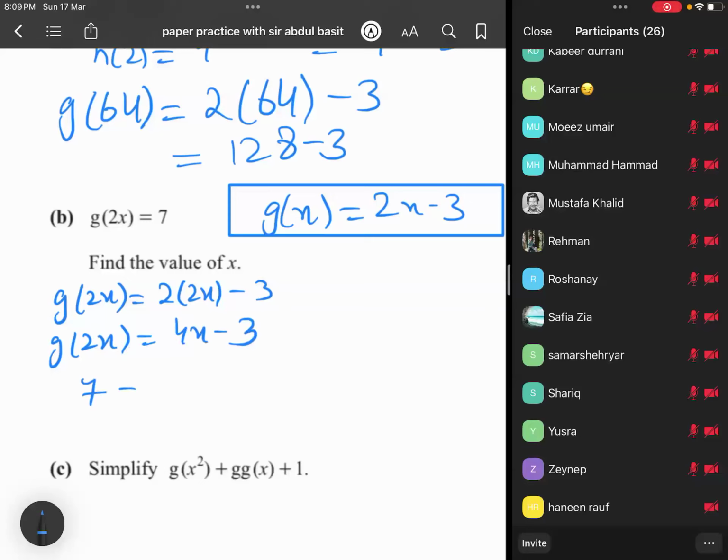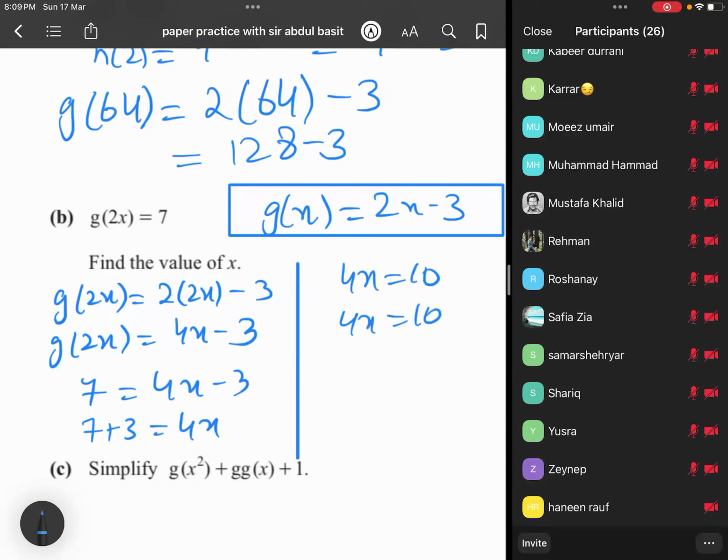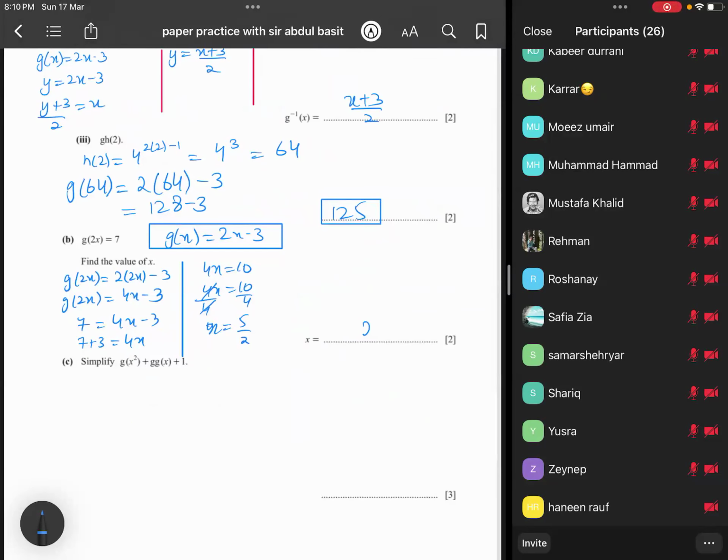The left side is equal to 7. 4x minus 3. Minus 3 will go there. 7 plus 3 is equal to 4x. 4x is equal to 10. 4x is equal to 10 divided by 4. So x is equal to 5 by 2. 5 by 2 is 2.5.